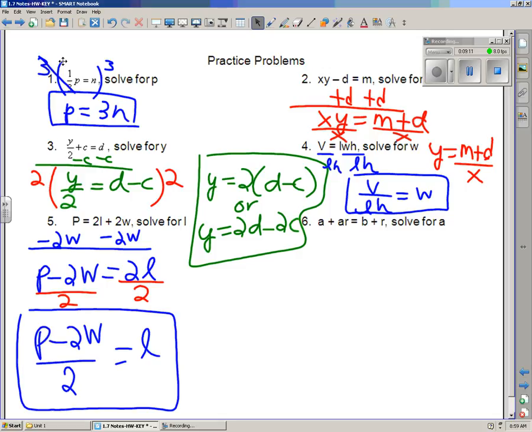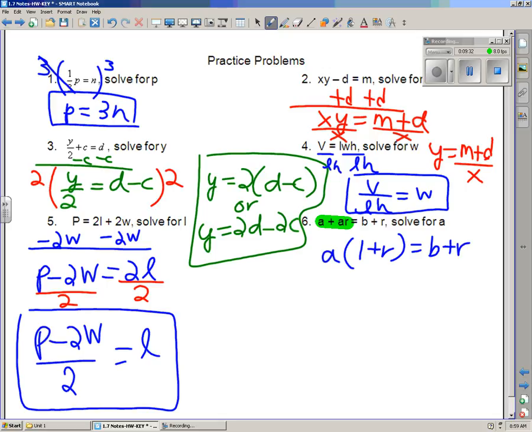This last one you're going to have to factor. You're looking to solve for a, but what happens here is on the left-hand side, you've got a in both of those pieces. So what you're going to have to do is factor out the a. So on the left, a times the quantity 1 plus r equals b plus r.